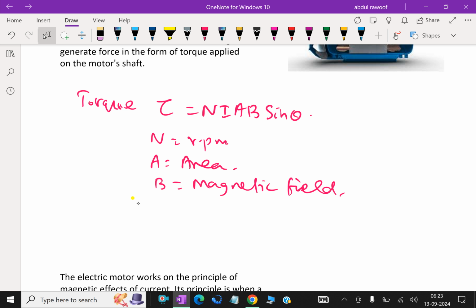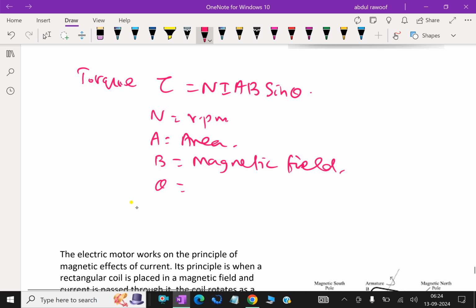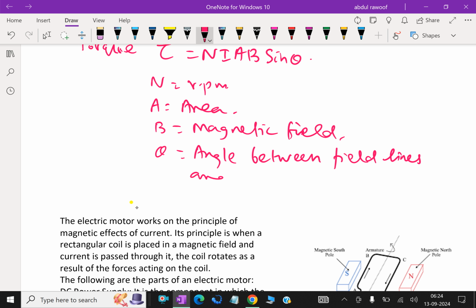Theta is the angle between the field lines and the perpendicular to the plane of the coil.